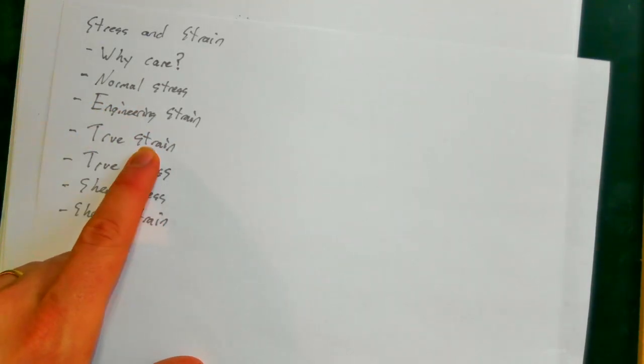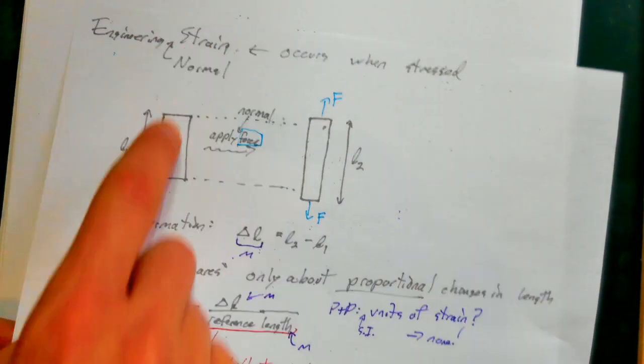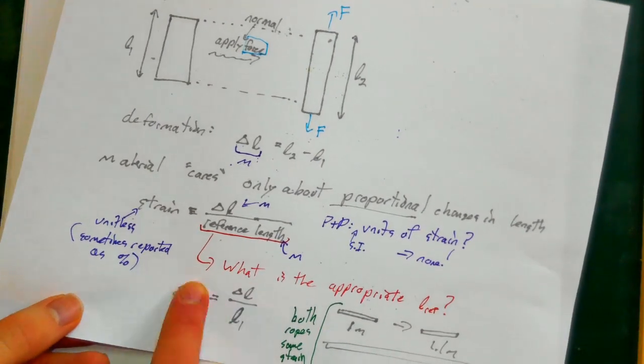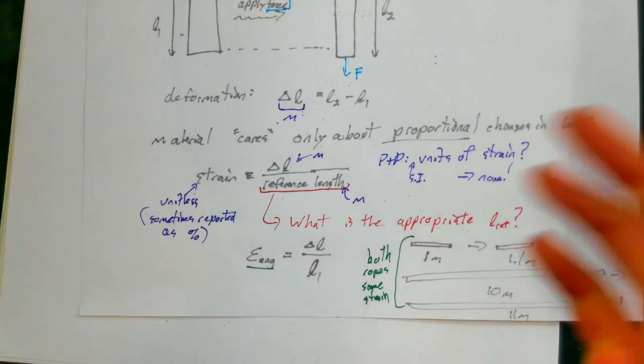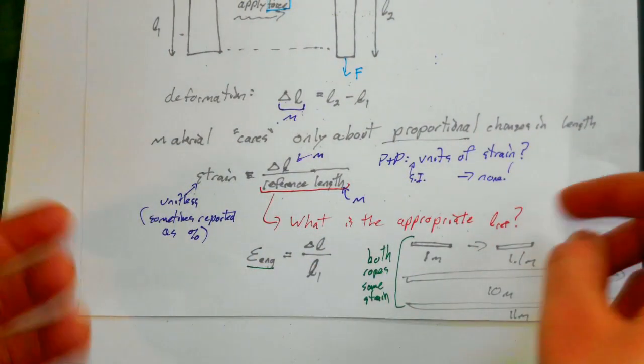Now let's move on to talking about true strain. One thing you might ask is, what was untrue about engineering strain? There's a change in length, I divide it by the original length, and there's strain right there.